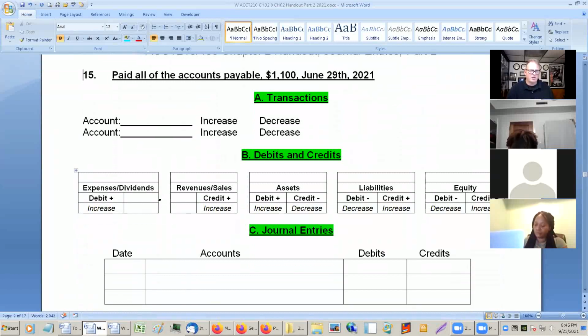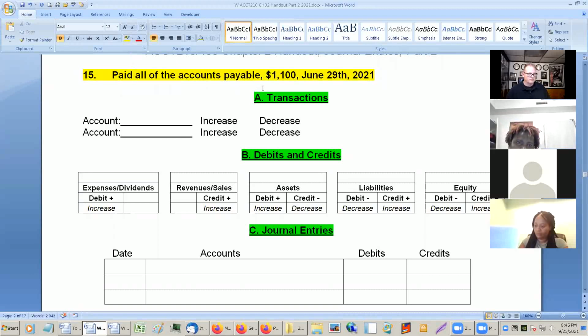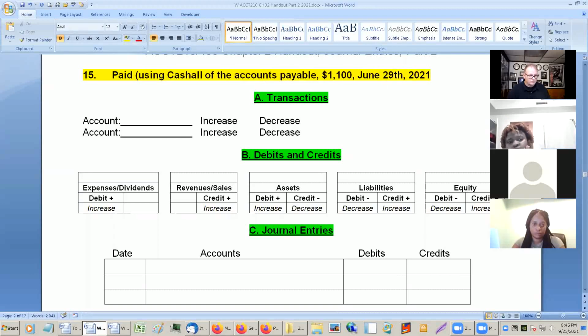Paid all of the accounts payable, $1,100. I know accounts payable. Is it cash? Paying on account. Yes and yes. Is it cash? Yep. What are we paying them with? Cash. Okay, so we have cash.